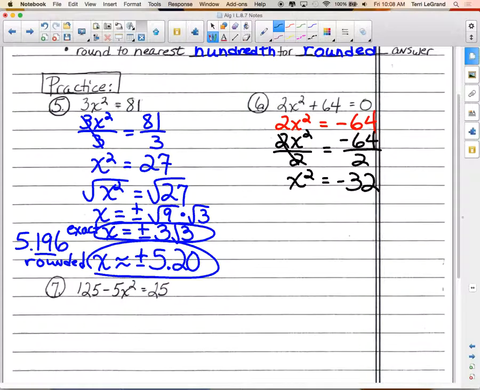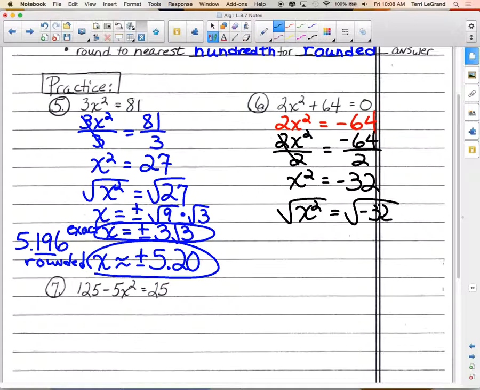Next step, square root of x squared, square root of negative 32. There should be some sort of flashing warning sign going off in your head saying, wait a minute, it's a negative, so you can't take the square root.